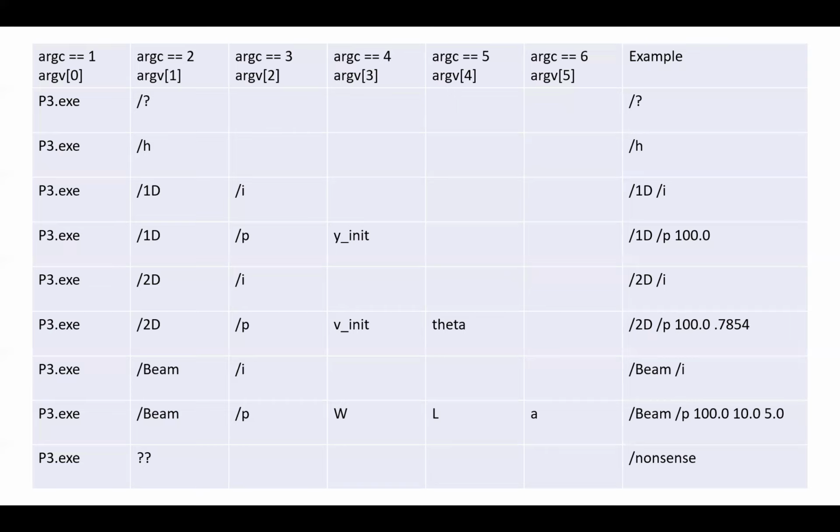As you can see in the example on the right, similar to the one that we have done in P2, they would just provide /beam /P, followed by 100 for the total load, 10 for the length of the beam, and 5 for the location of the load.